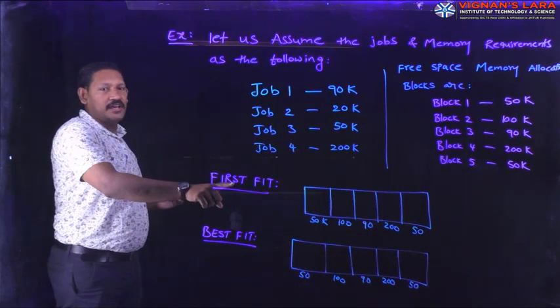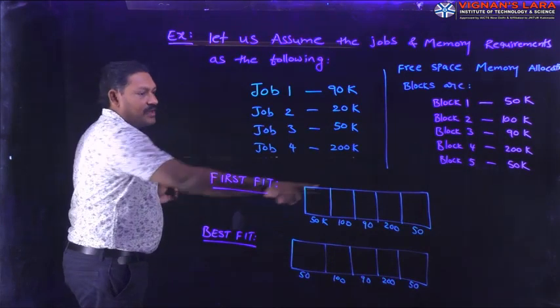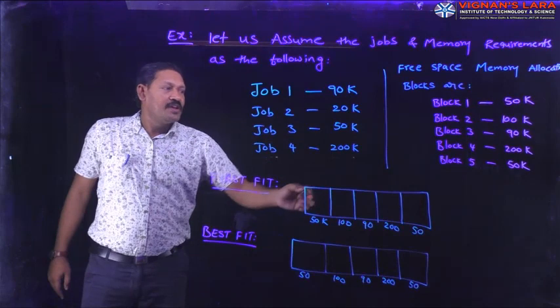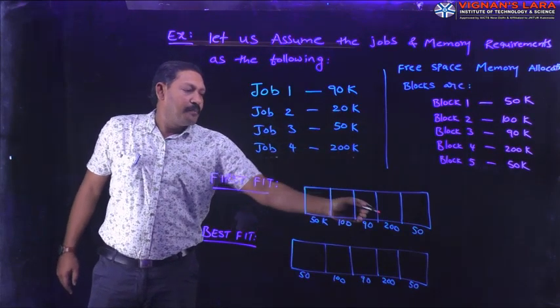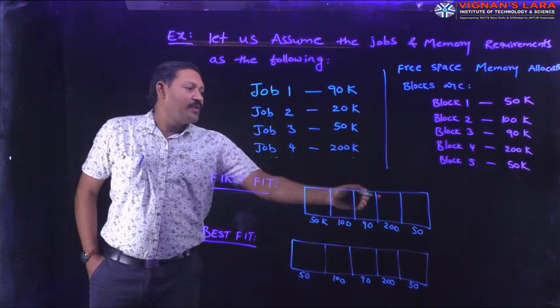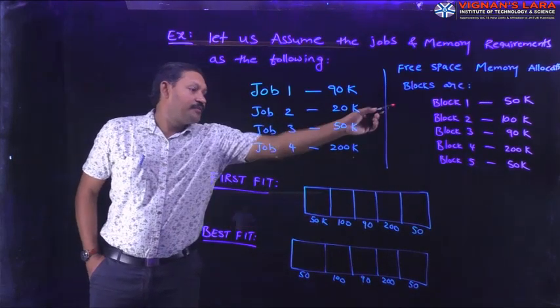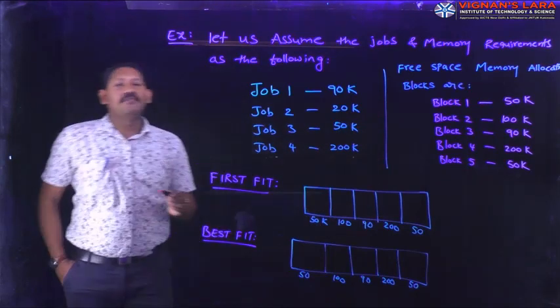Here we have written five blocks, and these are the memory allocations. Each block is capable of accommodating various sizes: 50, 50, 100, 90, 200, 50.